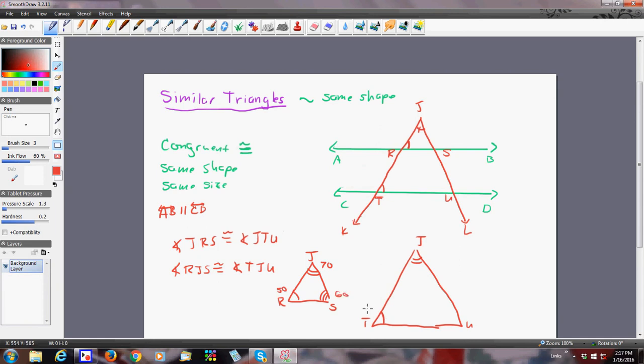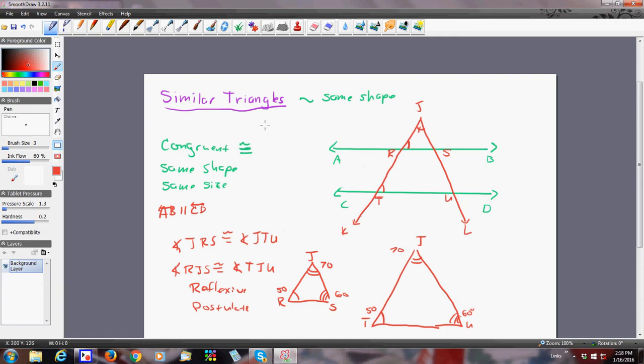Well, I just said that this angle is congruent to this angle, so that's also 50, which means that this angle has to be congruent to this angle, because of the reflexive postulate. Both angles must be 70 degrees. Therefore, this angle also must be 60 degrees. And therefore, the two triangles have exactly the same shape because their angles are the same.